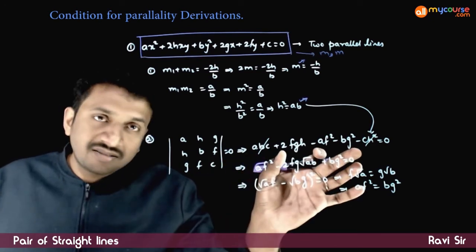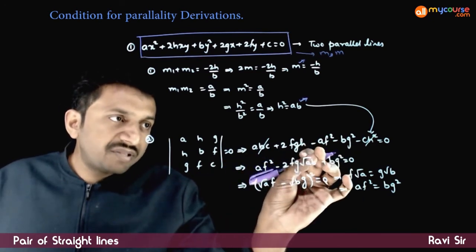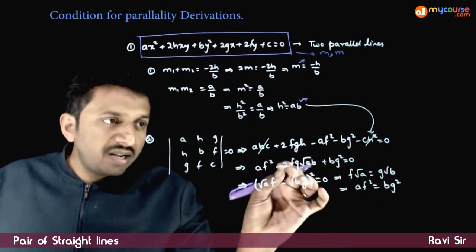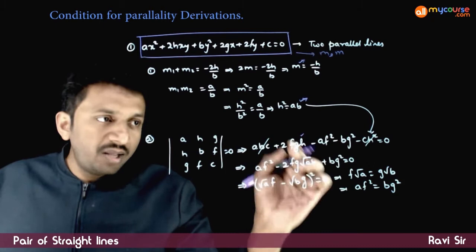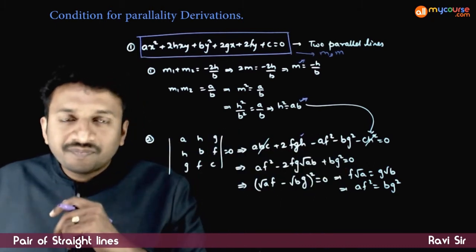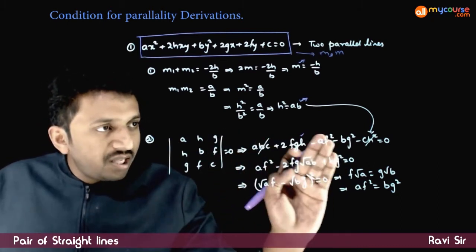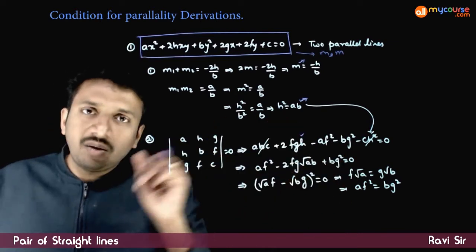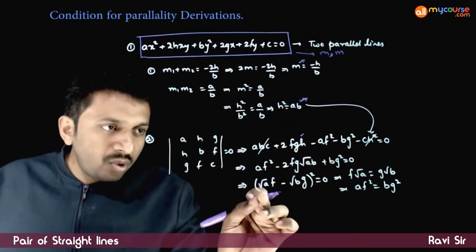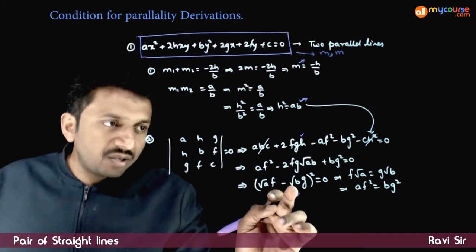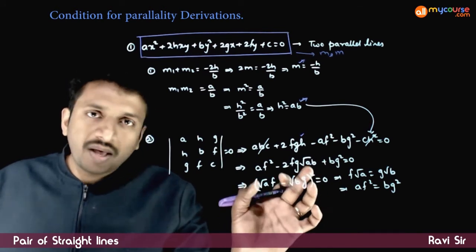Next, this becomes af square plus bg square minus 2fg h, where h is root ab, is equal to 0. If you multiply the whole equation with a minus, it is equal to 0. If you observe this, this is nothing but root a times f minus root b times g whole square is equal to 0.